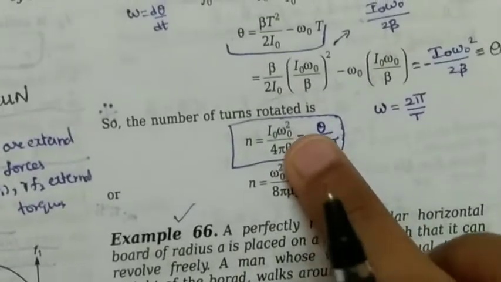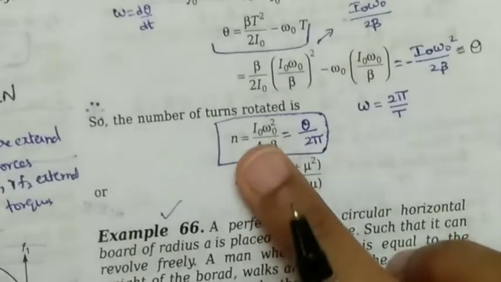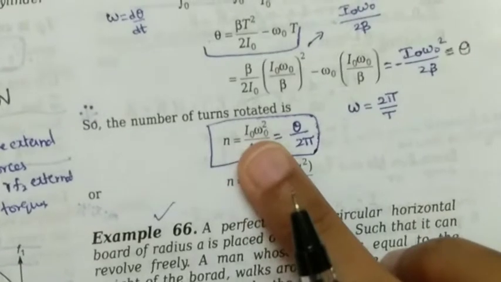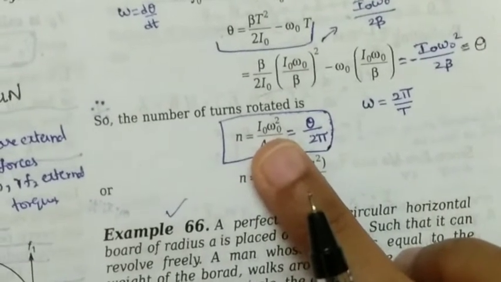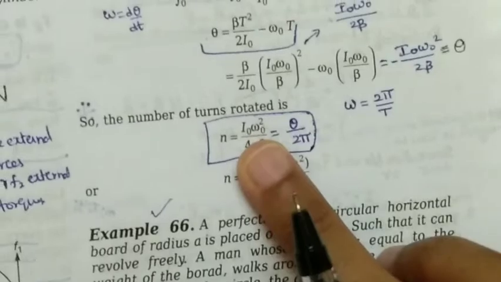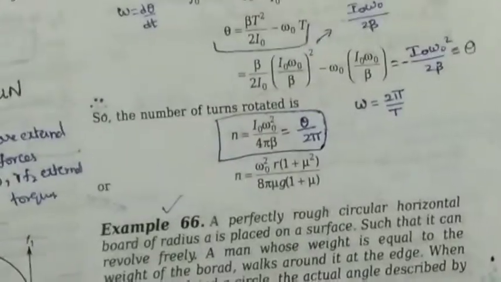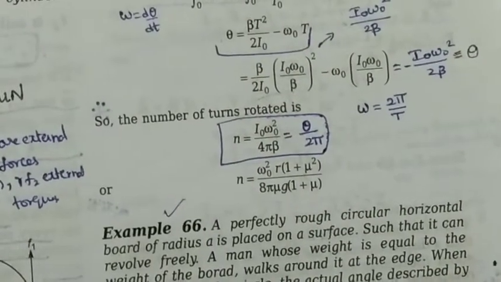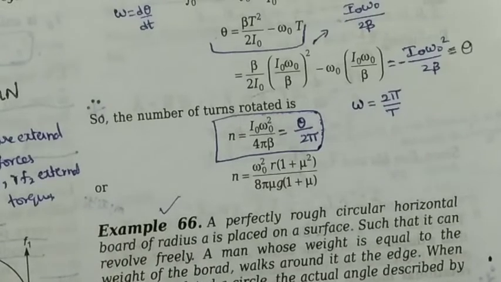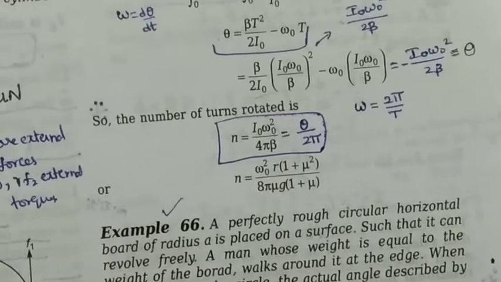So in the place of beta we need to replace it, and also in the place of I naught, because if we consider the cylinder as a cylindrical disc, every cylinder is nothing but a group of circular discs put together.